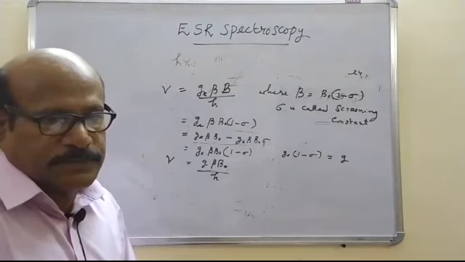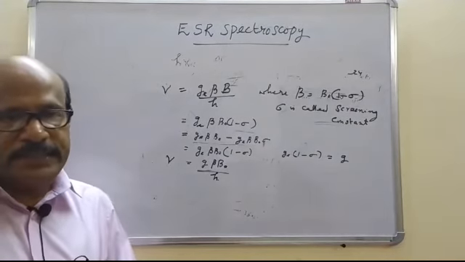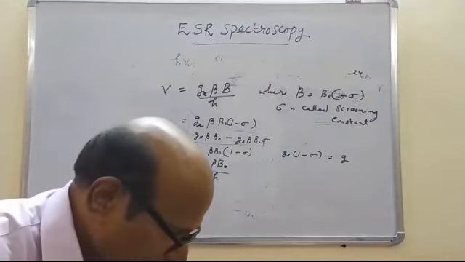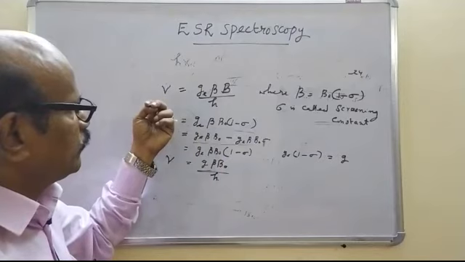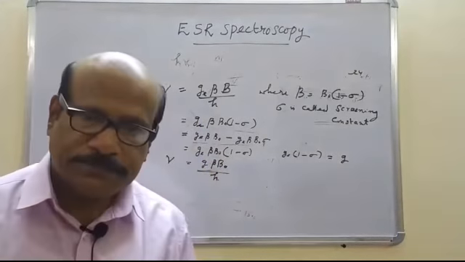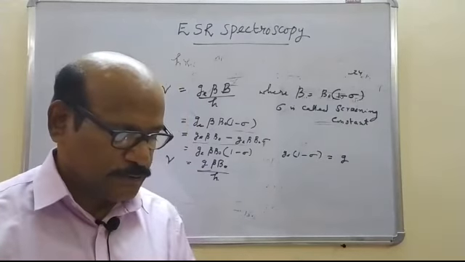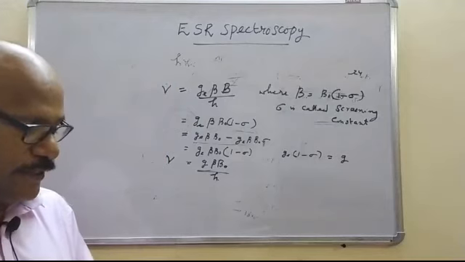But we have to work with a particular range of magnetic field for ESR work. So it is more convenient to represent the absorption line or absorption frequency in terms of the g value.